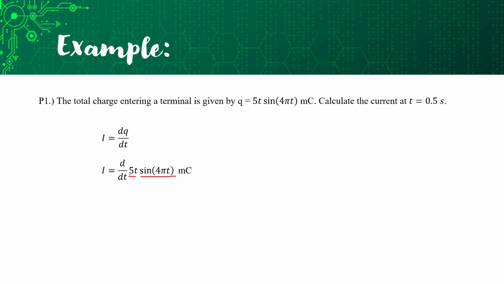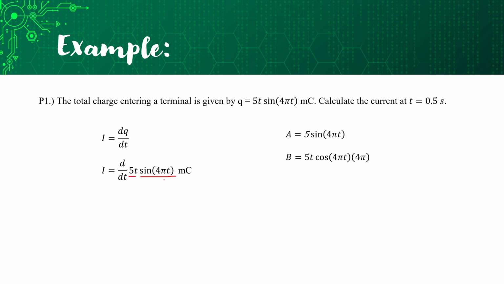First is to derive the variable 5t, retaining the value of sine. The derivative of that is 5 sine 4 pi t. Next is the derivative of the sine, retaining the value of 5t, which is 5t times cosine 4 pi t times 4 pi.